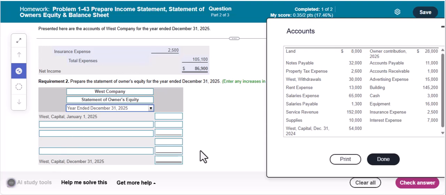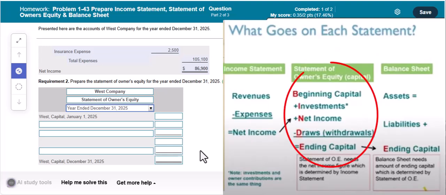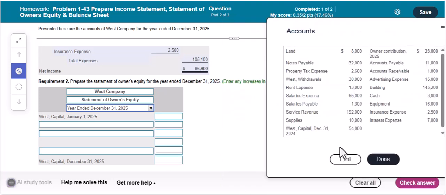And then let's go back and review the formula for the statement of owner's equity. So we start with beginning capital. So over here in this box of accounts, we're looking for the capital account, and it is here, this West Capital, December 31st, 2024. Now notice here it says the capital on January 1st, 2025. So the previous day the balance was $54,000.